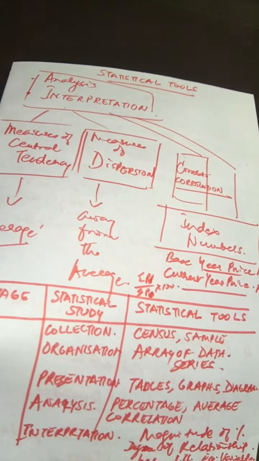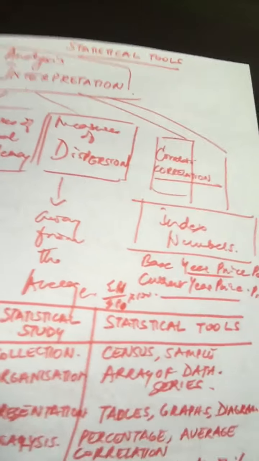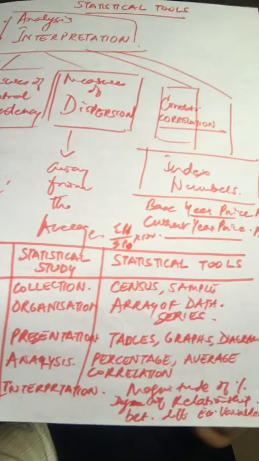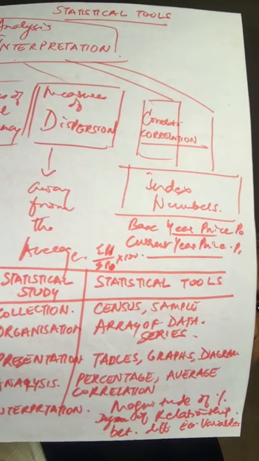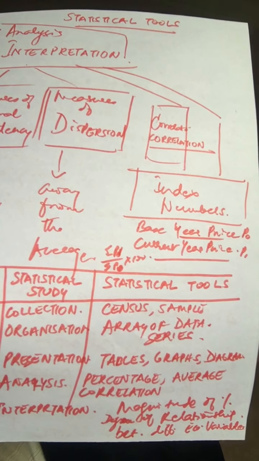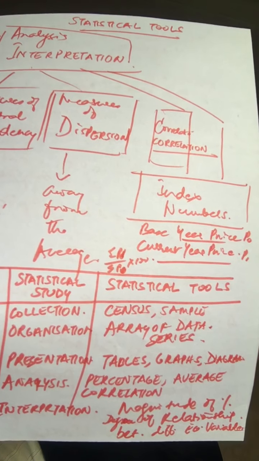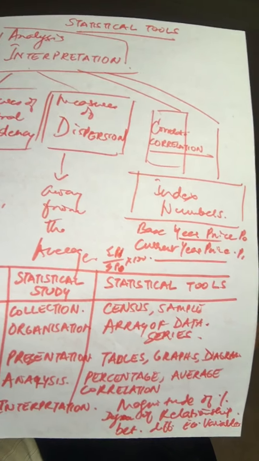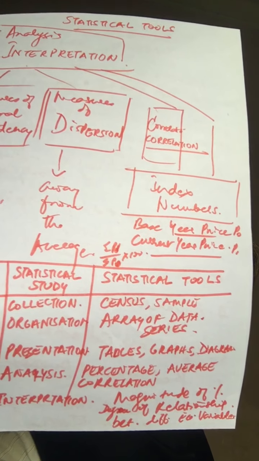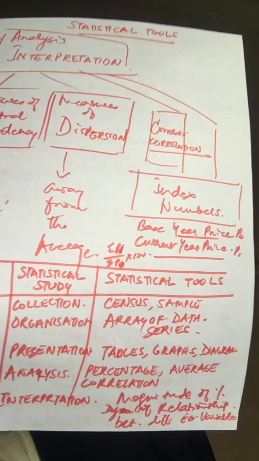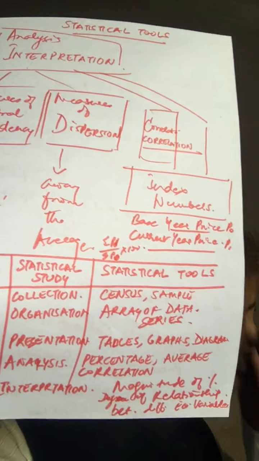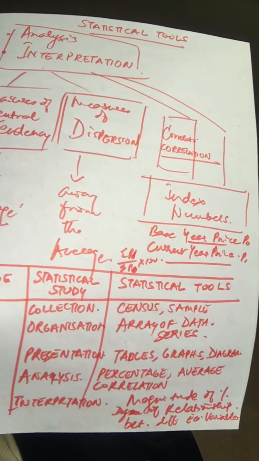Why is it so important? It gives us a fair comparison between the current year prices and the base year price into 100. They are specialized averages. They let you know how much there has been a change in price, or how much growth there is in the economy.